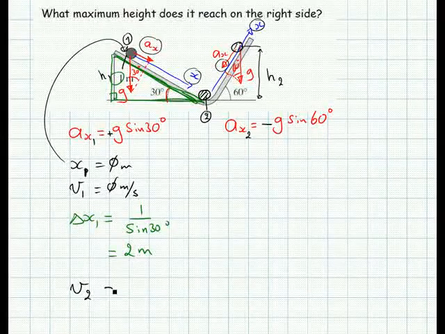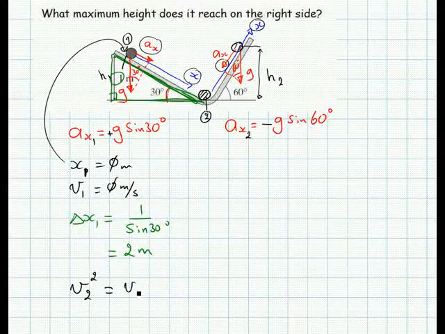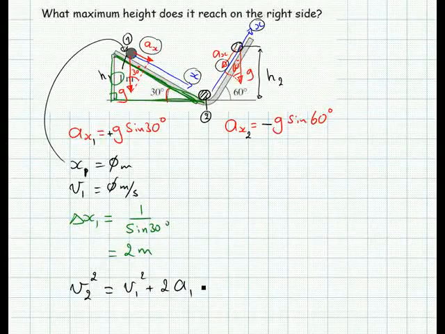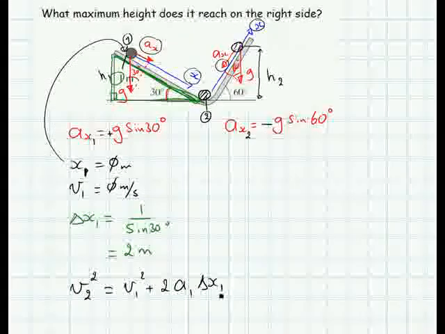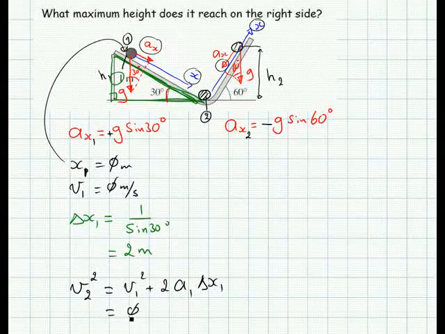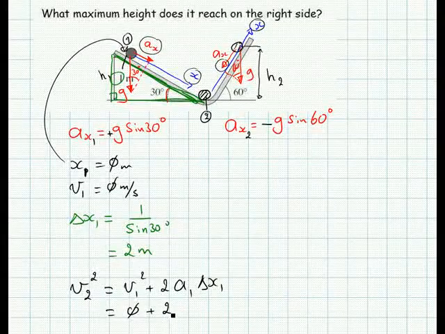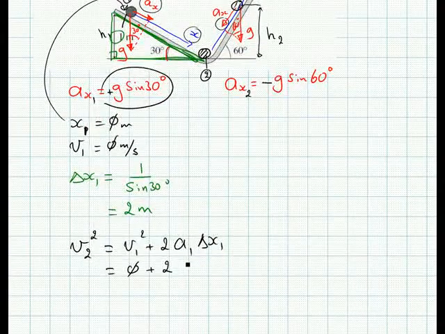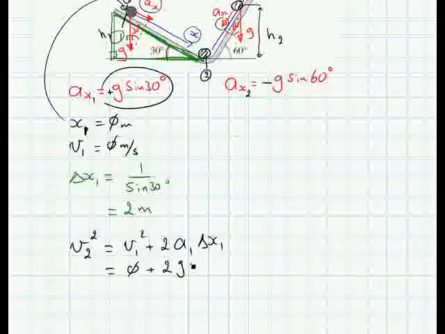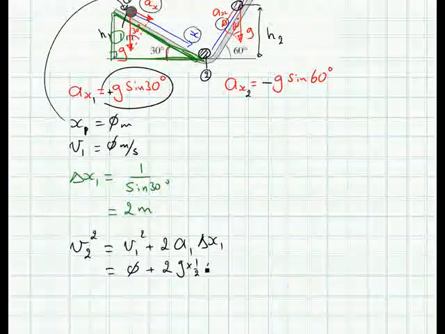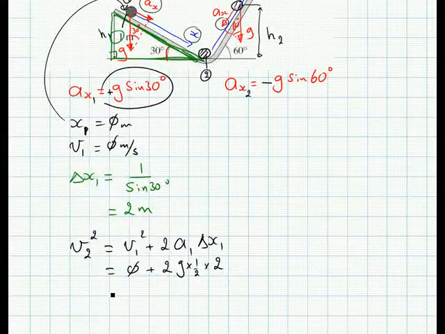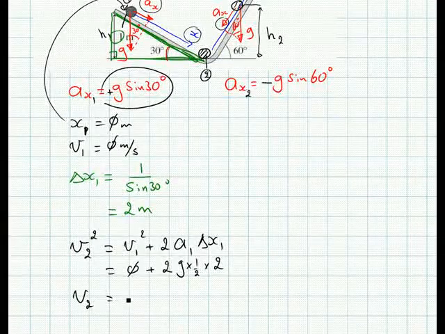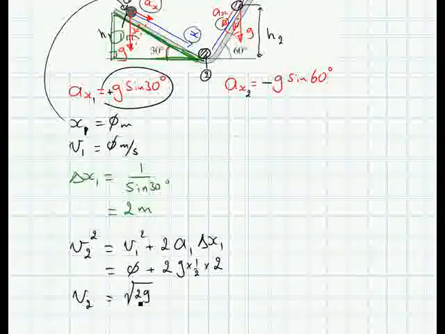So v2 squared is equal to v1 squared plus twice the acceleration a1 times displacement delta x1. v1 squared is 0, plus twice acceleration a1, which is g sine theta, which is a half, times delta x1, which is 2 meters, i.e. v2 is equal to the square root of 2g.